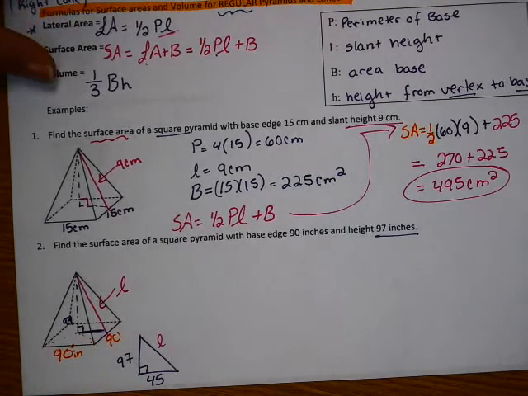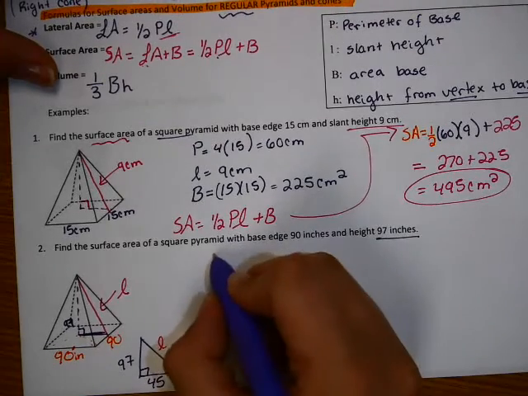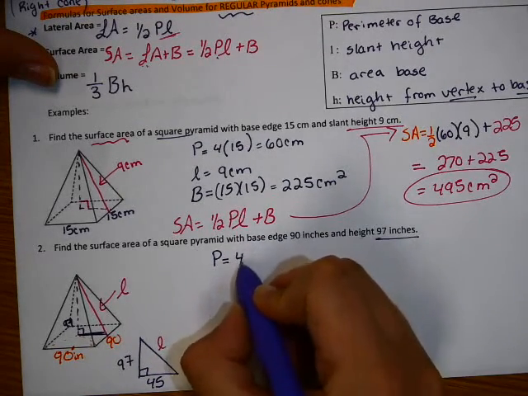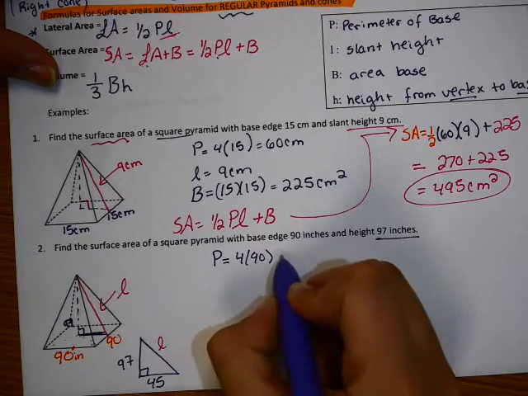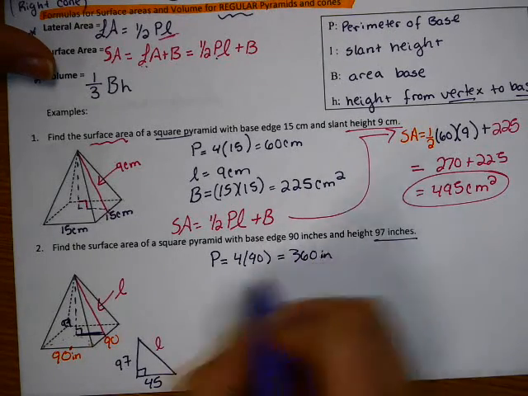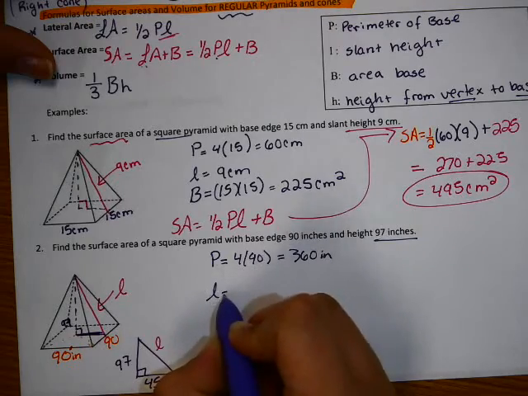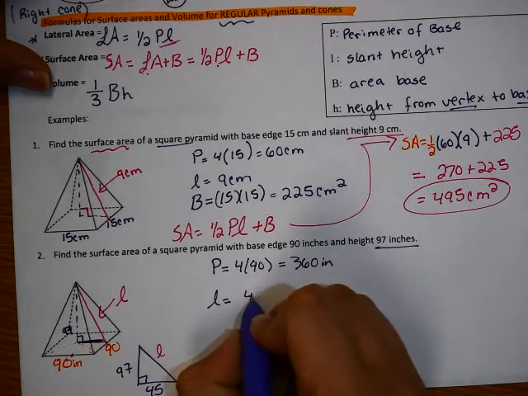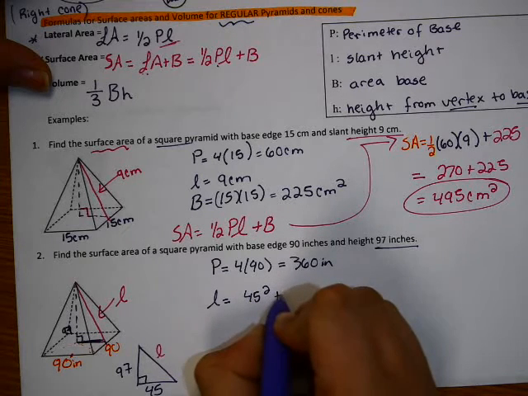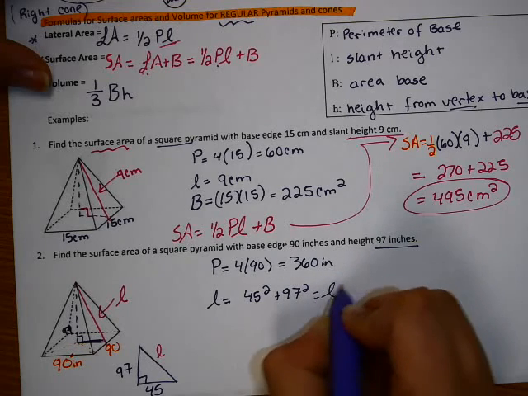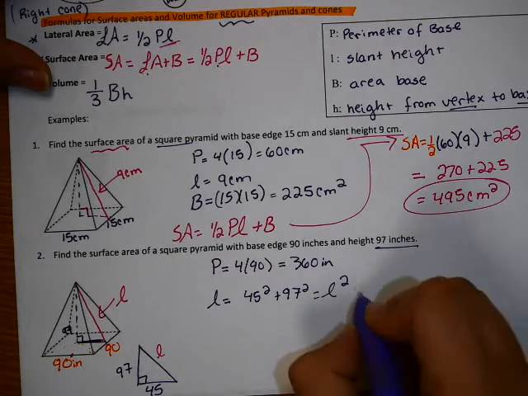Okay. So first, let's write down, we know our perimeter is 4 times 90, which is 360 inches. The slant height we can solve by taking the Pythagorean theorem, so 45 squared plus 97 squared equals the slant height squared.